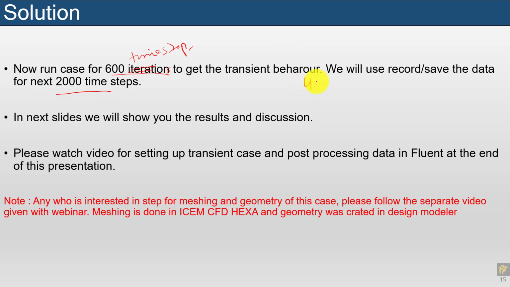So basically, if you are making 40 time steps per cycle, this means you are recording data for 50 cycles. 50 cycles may be too much. You can limit them to maybe 10 cycles or 5 cycles. Okay.